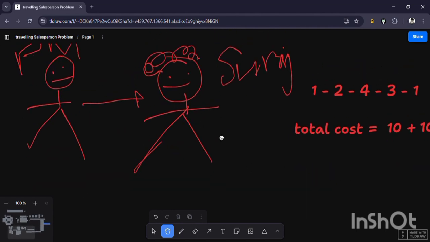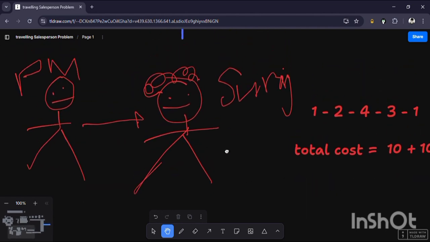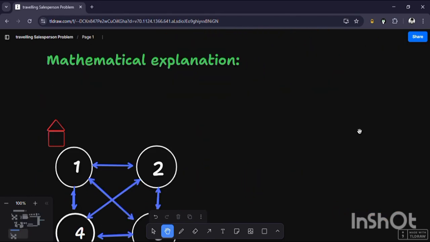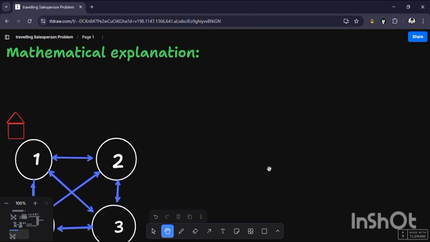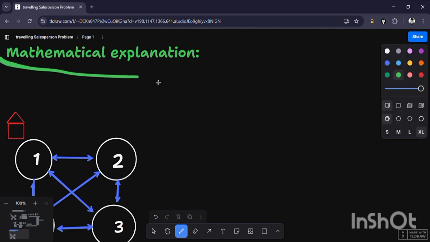So let me explain the problem now. In order to solve the problem, I will create a function. I will give a mathematical explanation of the salesman problem.